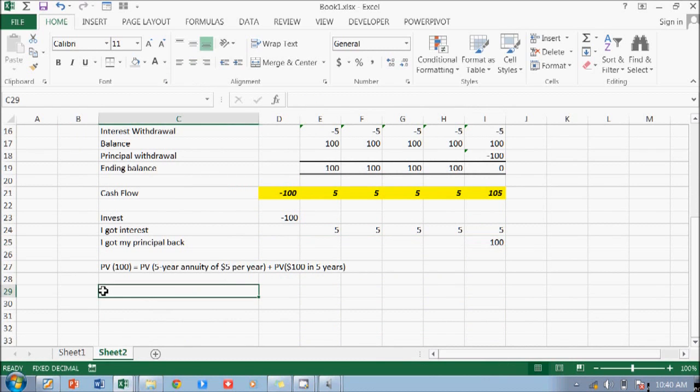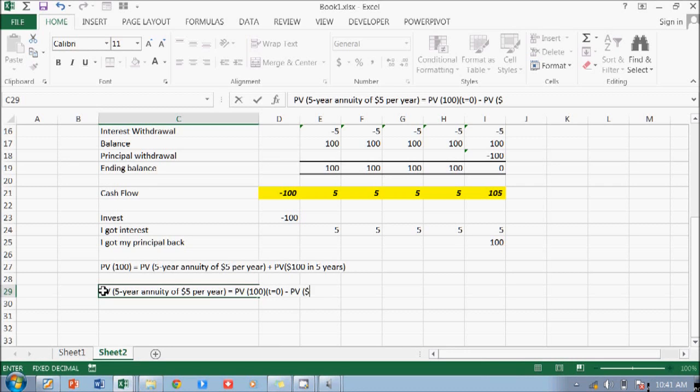So if you want to know the present value of a 5-year annuity of $5 per year, it is equal to PV 100. You don't have to put one. Yes, PV 100, because this is T equal to 0, minus your PV 100 in 5 years.